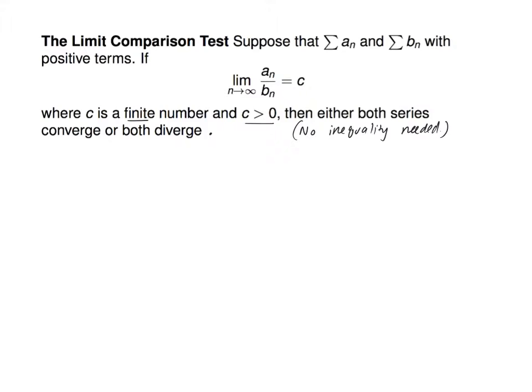We prove it using the direct comparison test. But when you apply this test, you don't actually have to have any kind of inequality relationship happening. And that's the nice thing. You can just say, I'm going to compare it to this thing, and when they get really complicated, you can just go for it. And limits are not so hard to find, right? Hopefully. Okay, why does this work?